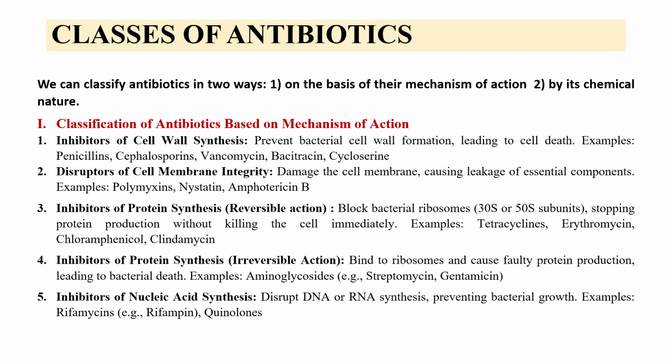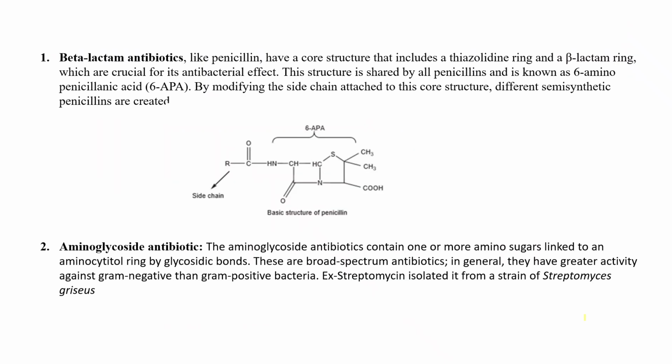So here we see that antibiotics can be classified on the basis of how they act on the organism and which particular component or process of the cell gets inhibited. Now, we just saw that the first class is based on the action of the antibiotic on the cellular components of the cell itself.